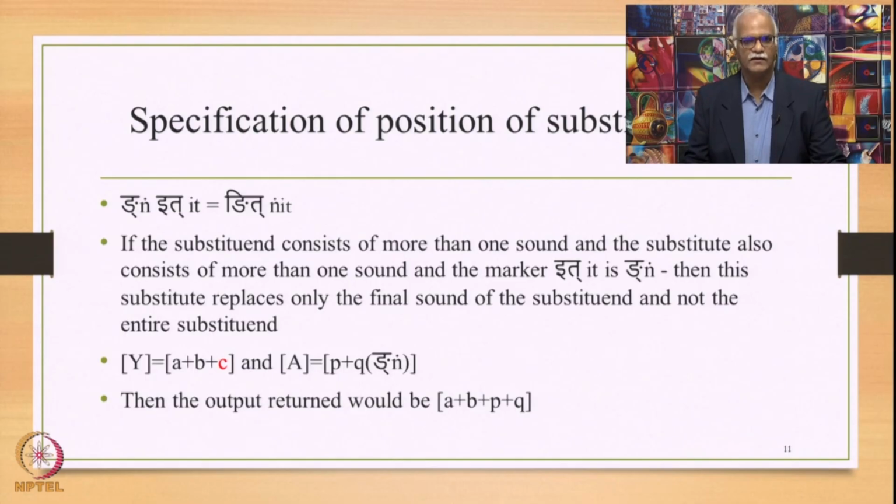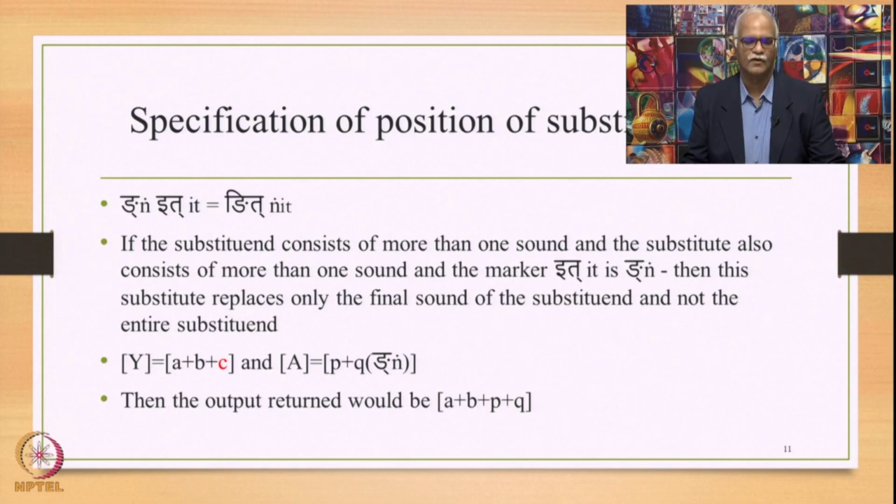Let us look at the other it sound which specifies the position of the substitute. So an element to which ng is added as an it sound will be called ngit.